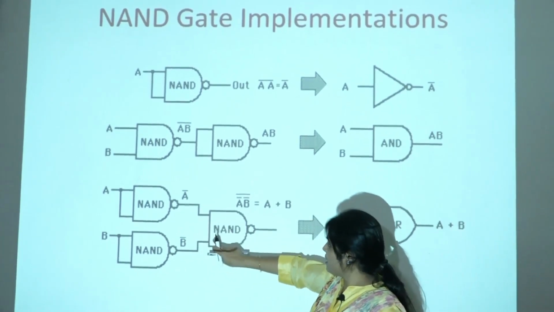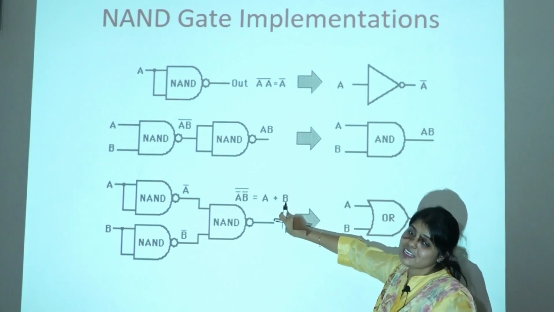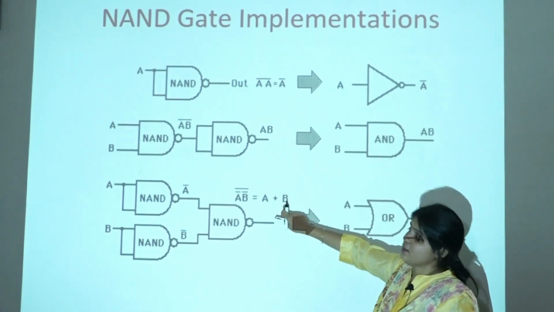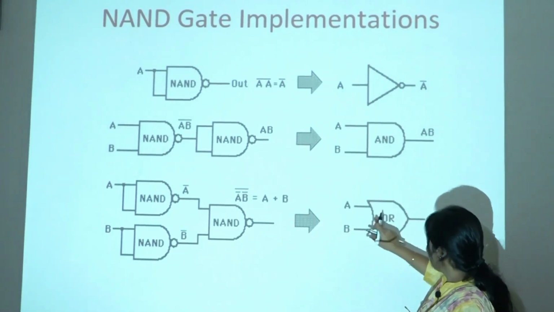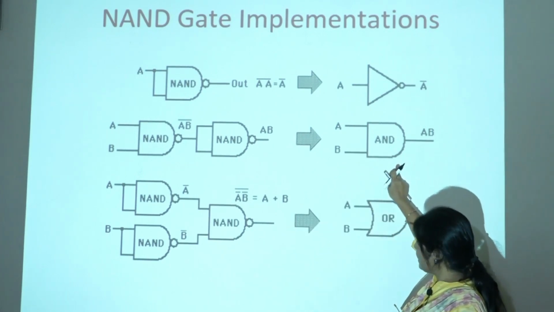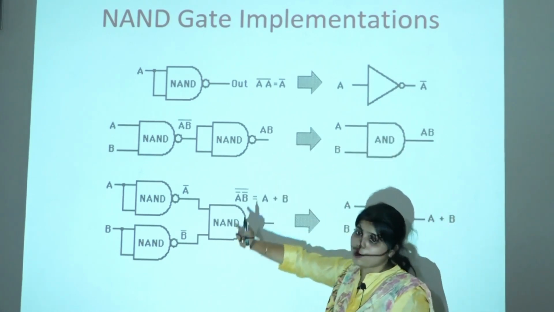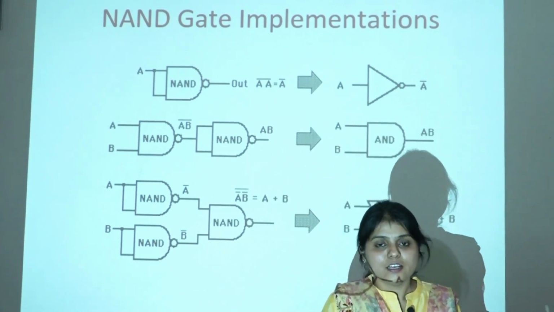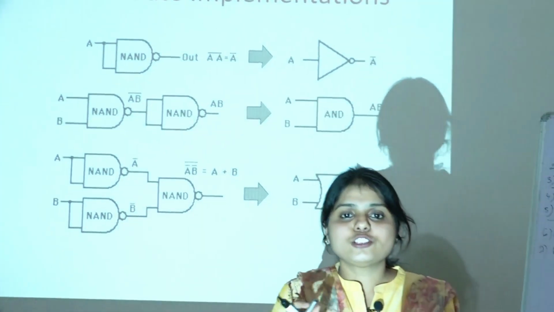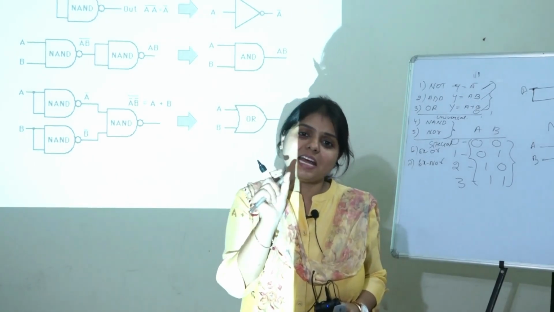Now I give these A bar and B bar to another NAND gate, wherein I get my output as A plus B. So I can design the OR gate using NAND, I can design the AND gate using NAND, and I can design the inverter also using NAND. So basically any logic circuit can be designed by using only NAND gates.